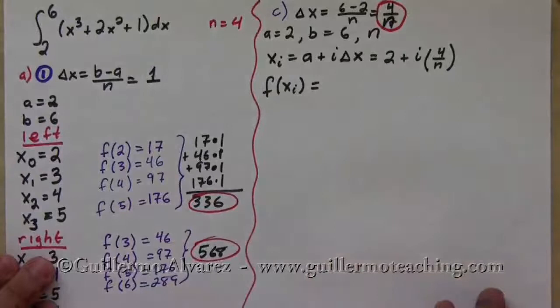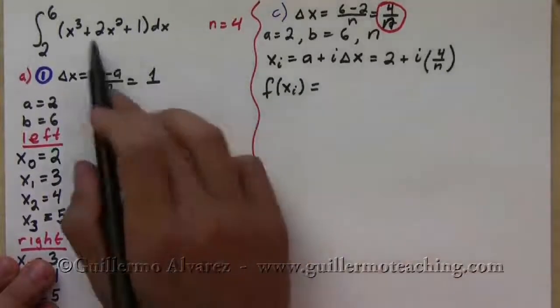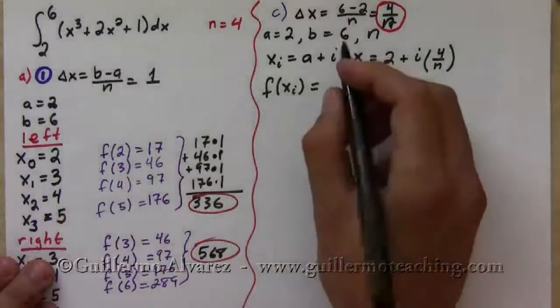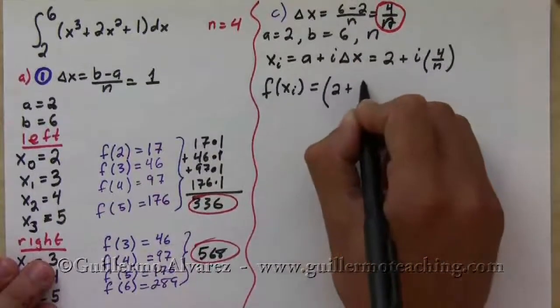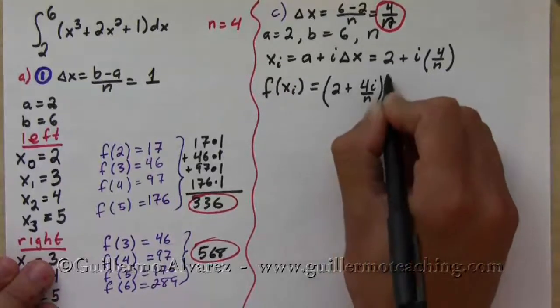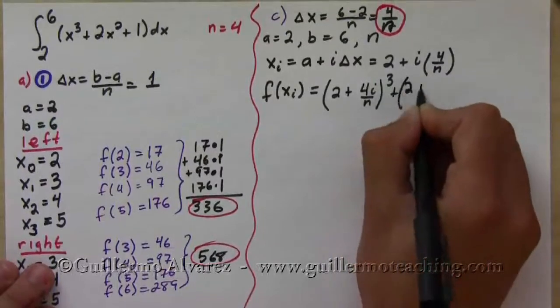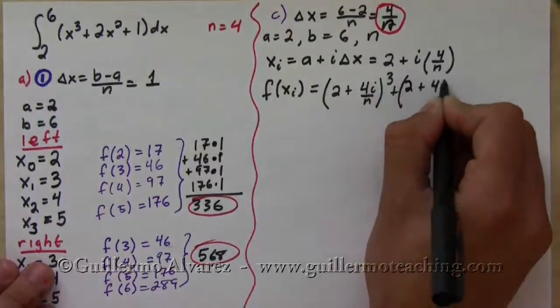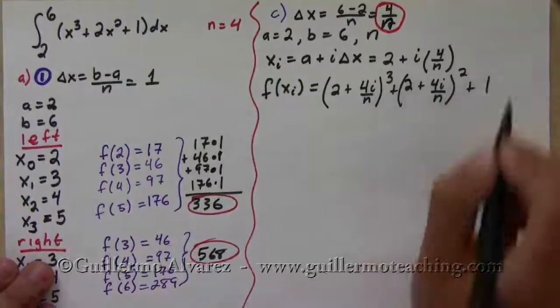Well, f of x sub i is what I get when I plug this into my function. So here what I'm going to have is 2 plus 4i over n cubed plus 2 plus 4i over n squared plus 1.